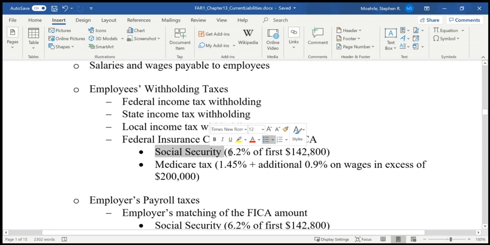FYI, those rates are 6.2% for Social Security on the first $142,800 you earn. The Medicare tax is 1.45%, plus an additional 0.9% on wages in excess of $200,000. We will see a case of this coming up in this module.